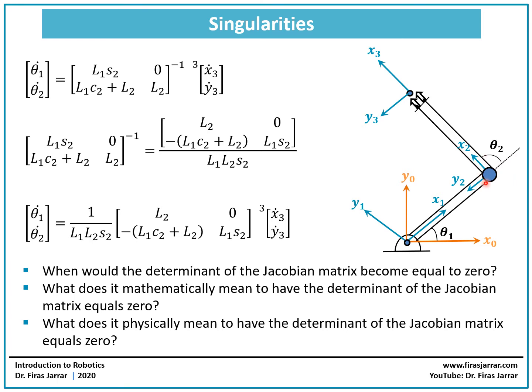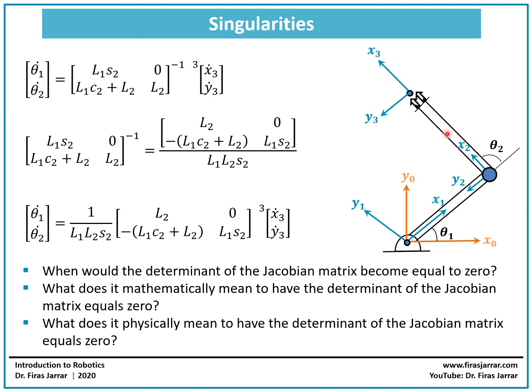The other case is when theta 2 is equal to 180. This represents the case when link 2 is completely folded back on link 1, and in this case it is as if we also have lost this joint, and the robotic arm now consists of only one link of length L1, because L2 is completely folded back on it.